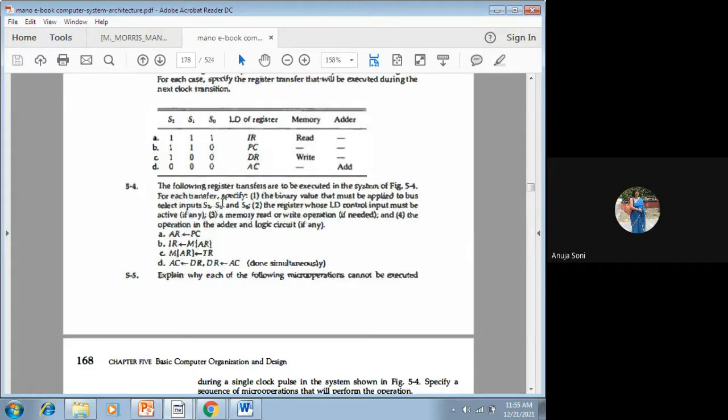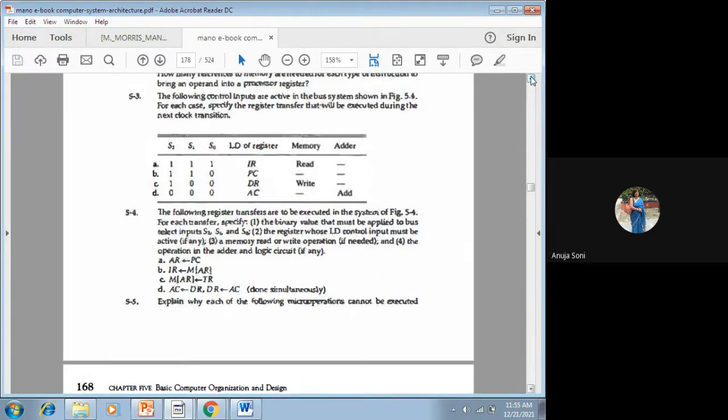For each register transfer, specify the binary value. Means what is this question actually saying? It is saying that in a similar manner as this table is given, you have to specify the binary values of inputs S0, S1, S2. Then the register whose load control input must be active, if any.